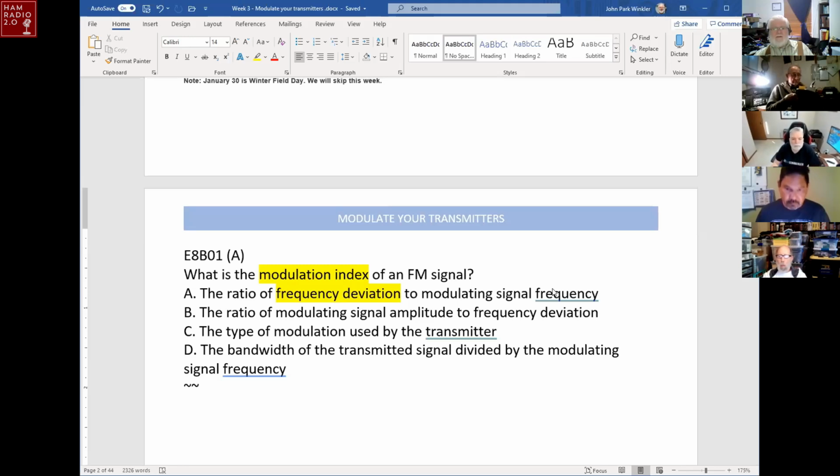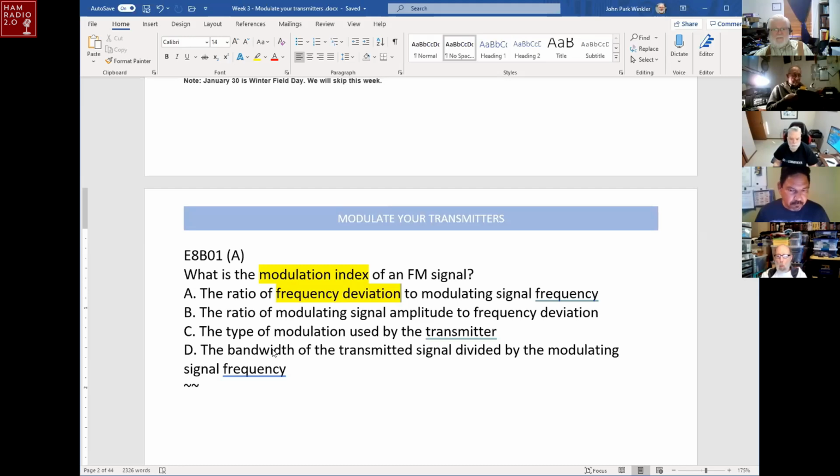And B, the keyword there that will show you that it's not right, is amplitude. And C, the question is about FM signals, so the type of modulation is FM, so it clearly does not have anything there. D, the bandwidth of the transmitted signal divided by the modulating signal frequency.